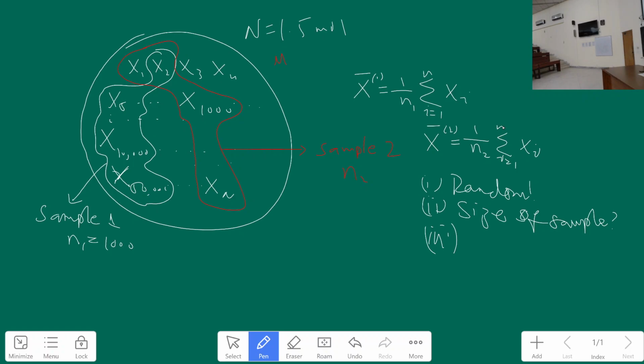So in this case, x bar is random itself. And it's not just x bar, it could be an estimate of the variance or some other statistic, the maximum height, minimum. So x bar is random. Fourth one, you want to know, okay, how is x bar distributed?